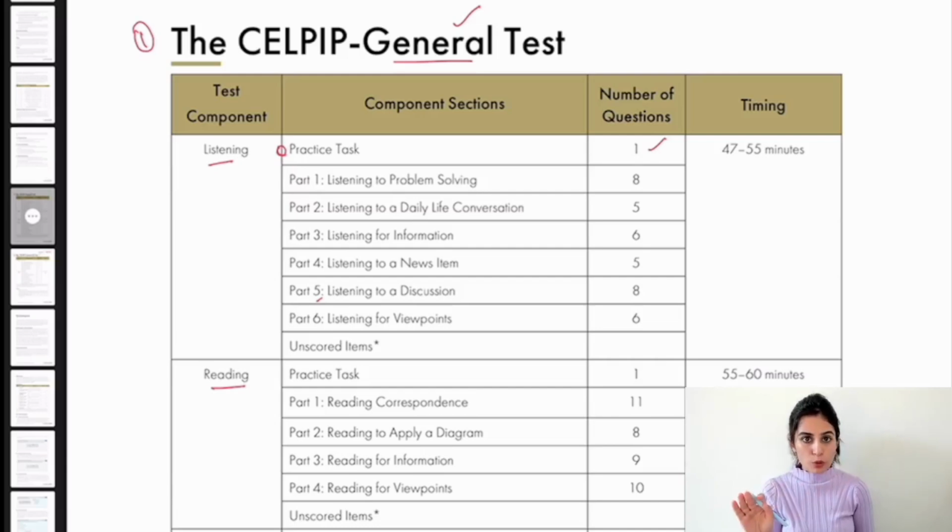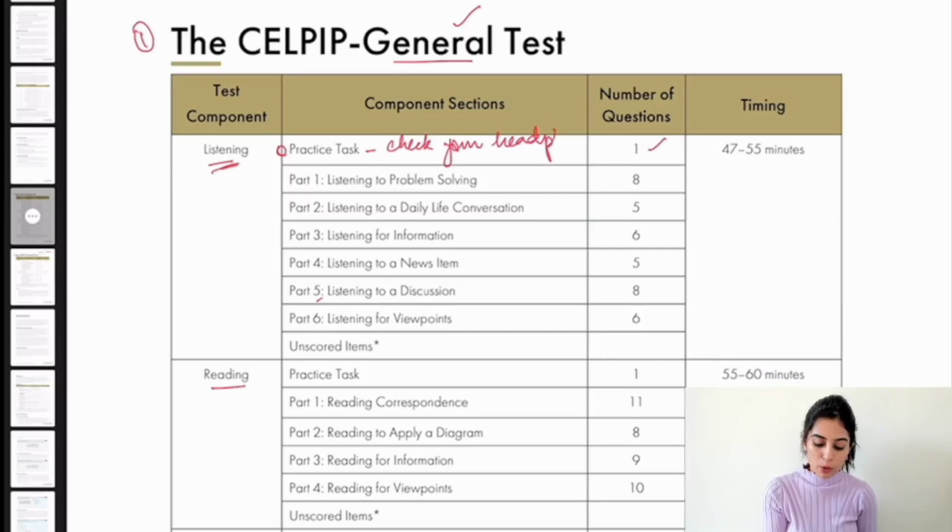It is not scored, it is a practice task just to help you get familiar with the software, become comfortable, and also test your headphones, because in case of the listening test you have to use headphones to listen to the audio and answer the questions. So in the practice test, make sure that you check your headphones.